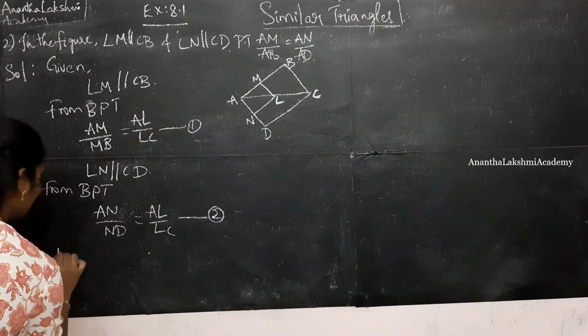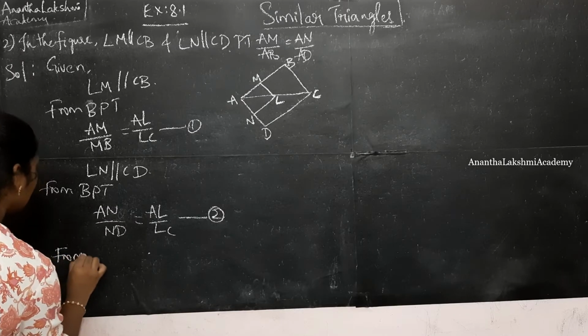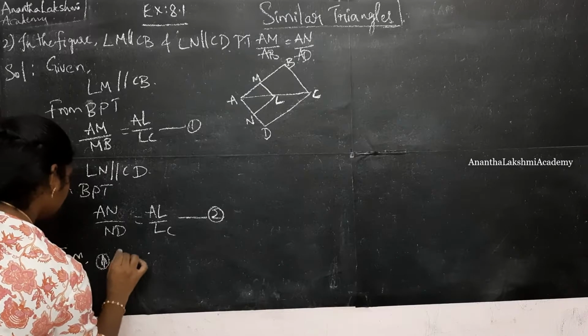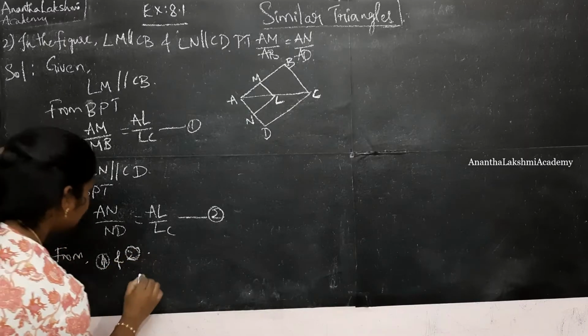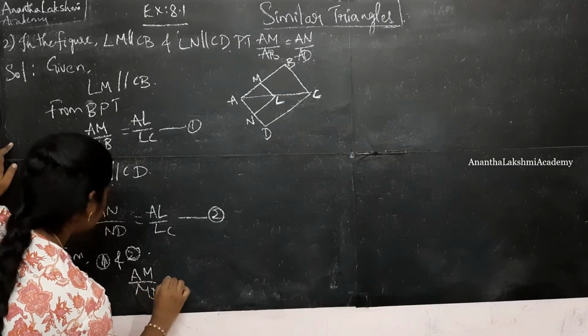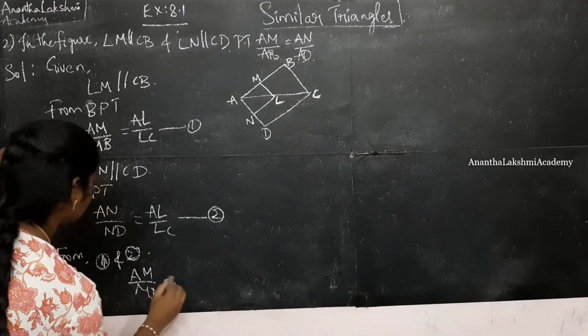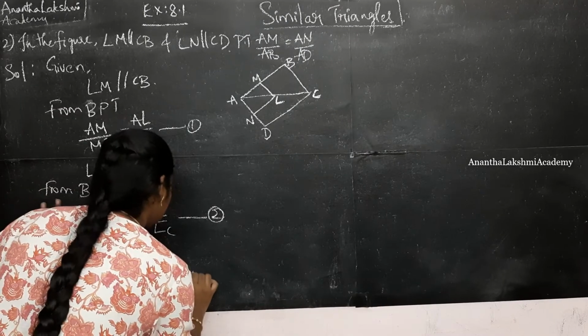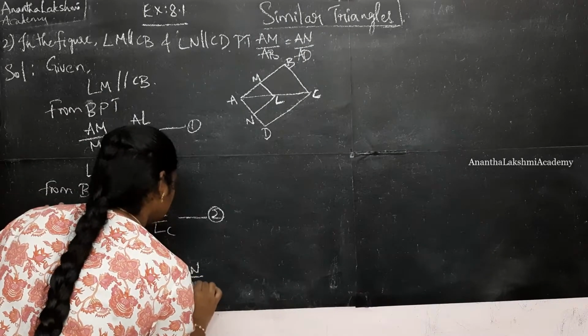It says from 1 and 2, can I write it as AM by MB is equal to AN by ND? Isn't it?